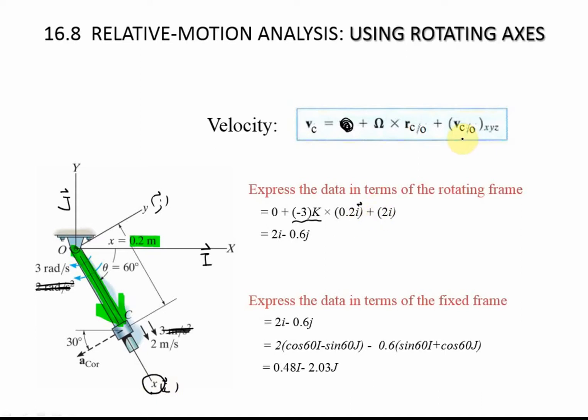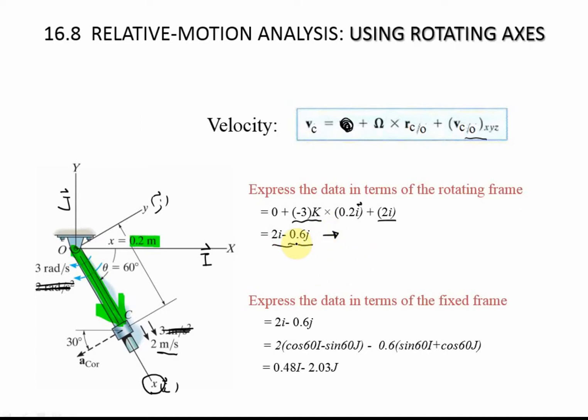And plus, and then what is this one? This is the velocity expressed relative to your rotating axis, which is 2 because 2 is given. And what direction? i. So if you just do the cross product, so K cross product i is j, okay? So that's why negative 0.6 j and 2i. So these are the answer, okay?